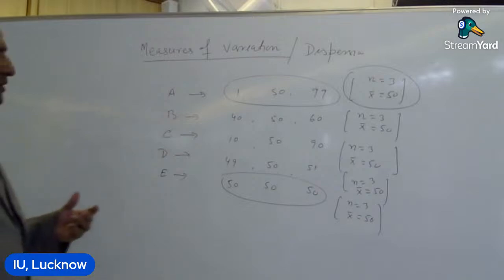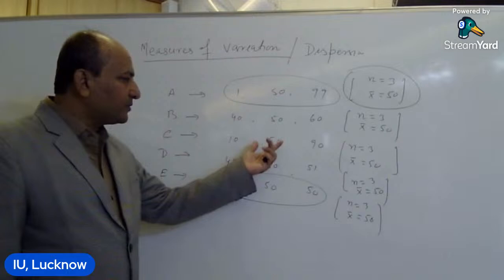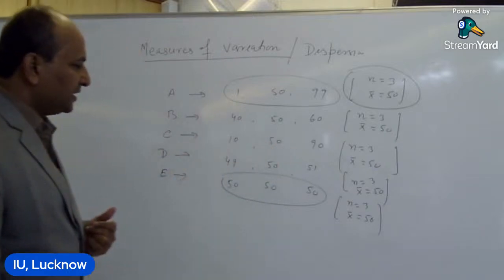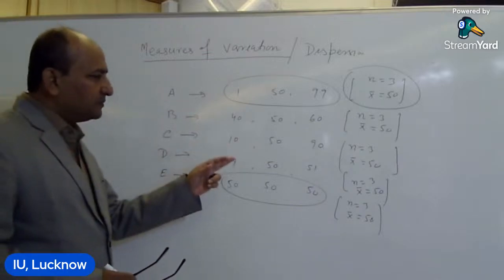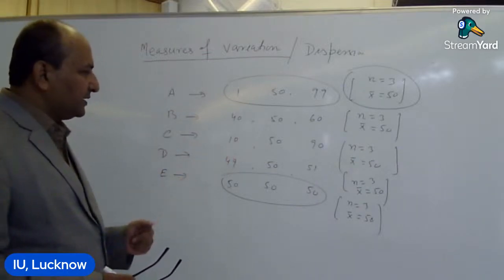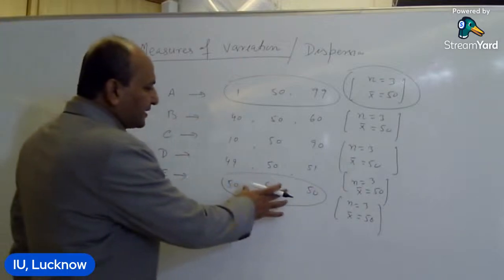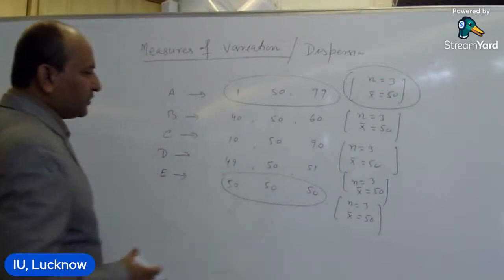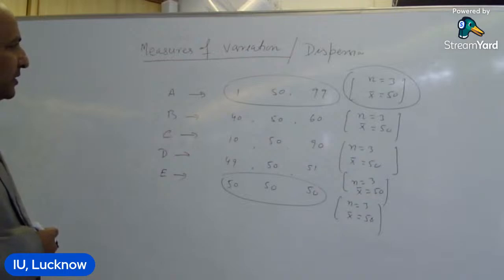If we know one more thing, what is it? That is the deviation from the mean value: how distant each observation lies from the mean value. So this scatteredness, this variation from the mean value, also plays an important role in our study.